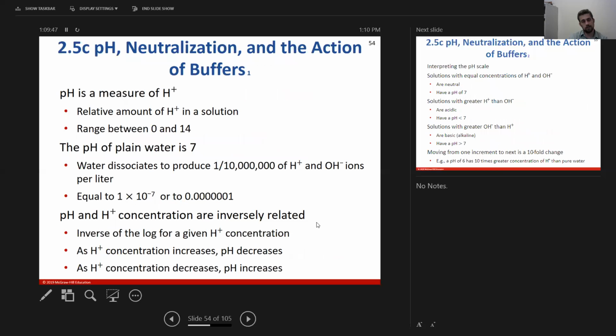So let's see here, neutralization. So this is where pH comes in, right? And this is an explanation of what the pH means. Essentially, it's percent hydrogen is what pH means. And it's an inverse relationship, like a logarithm.